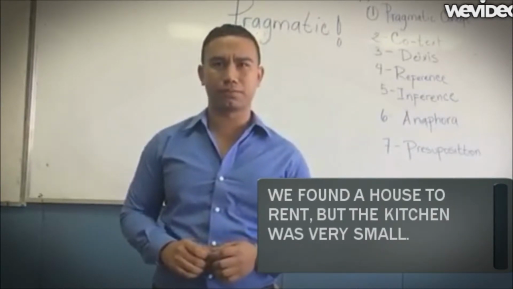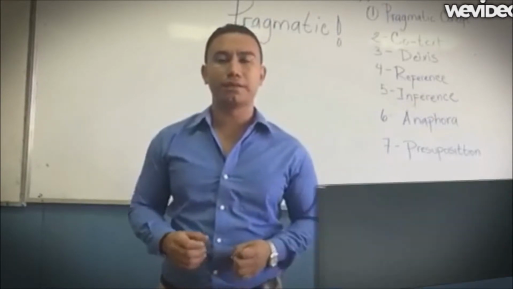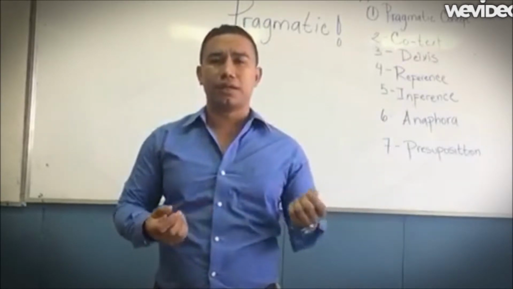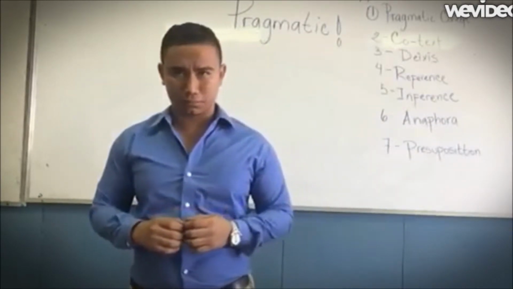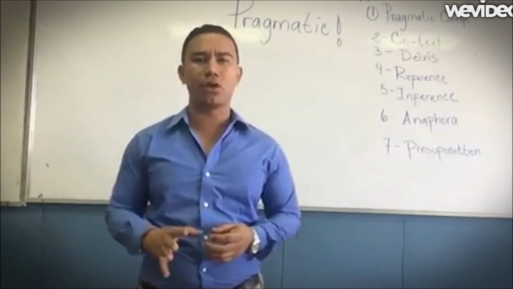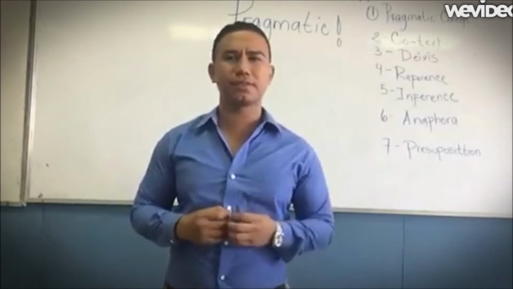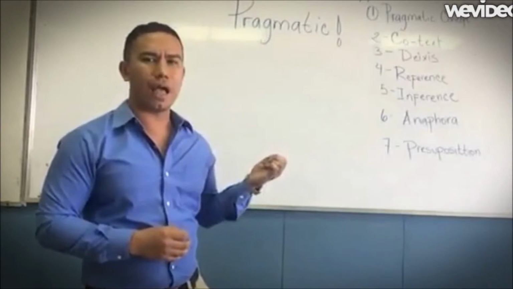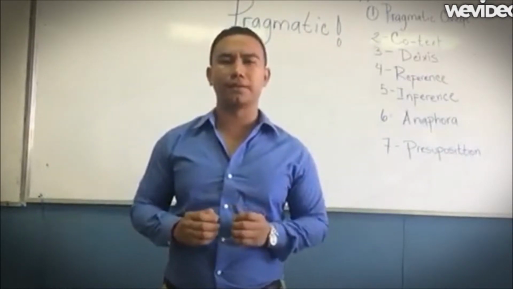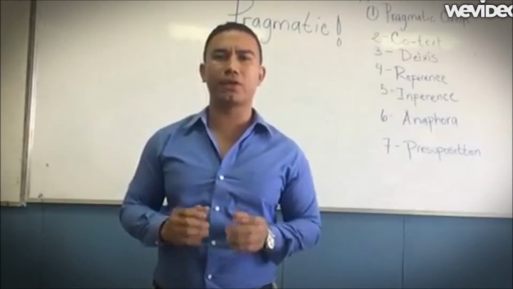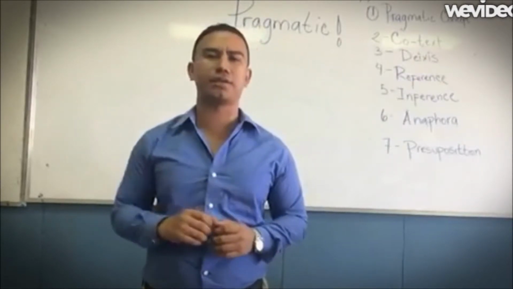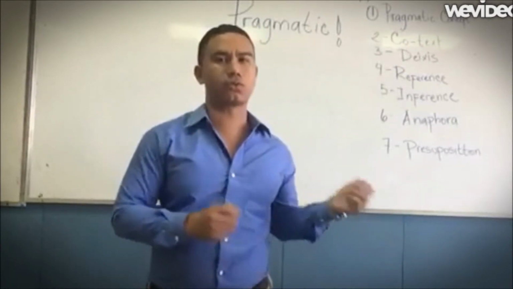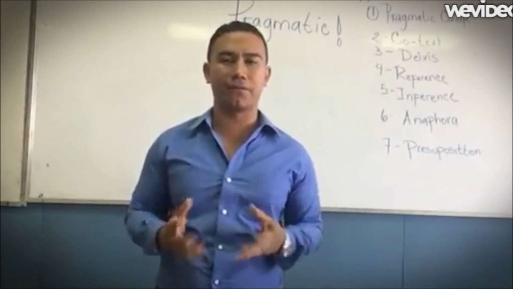In this example, we can say that the antecedent of the sentence is a house, because the sentence is talking about a house to rent, but that we cannot rent that house because the kitchen is very small, and the kitchen refers to the house. That is an anaphora.